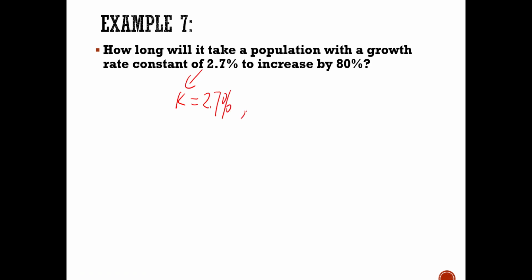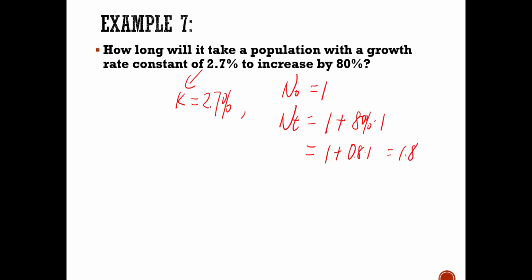So assuming N0 is equal to 1 unit, increase by 80% means Nt is equal to 1 unit plus an additional 80% of 1. Increase by 80% is based on the original base, which is 1 unit. So we end up with 1 plus 0.8 times 1, so it's 1.8 units.